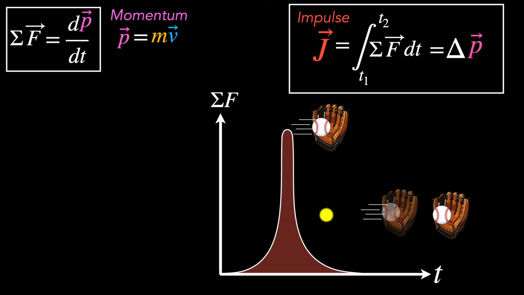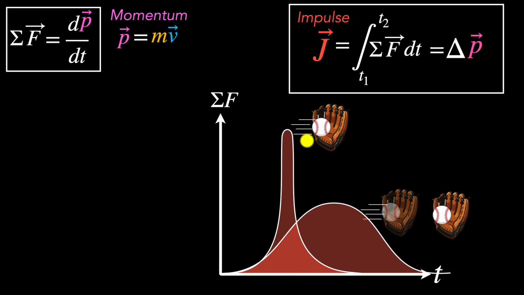So if the graph goes wider, its peak must be much lower. Otherwise, you wouldn't have the same area. So notice the difference between the force function between these two. Here, the peak force is much higher, substantially higher than the peak force over here.